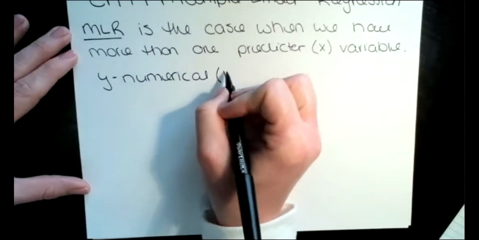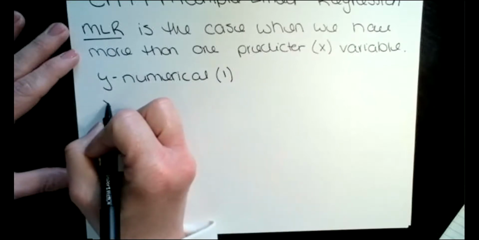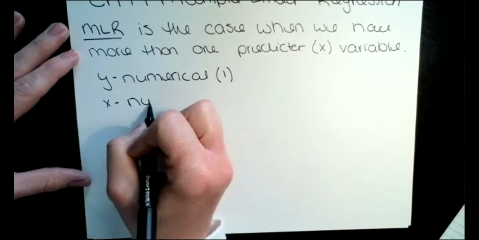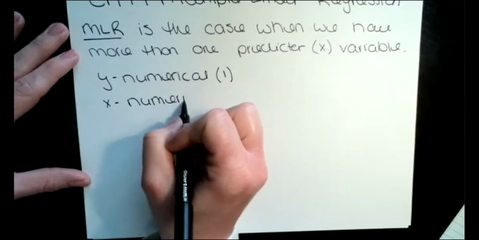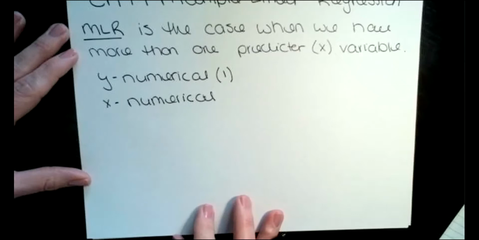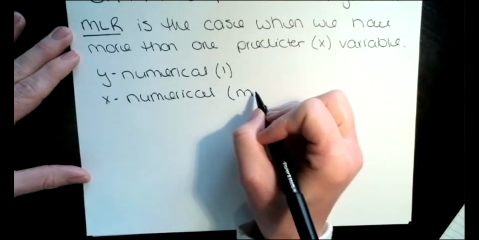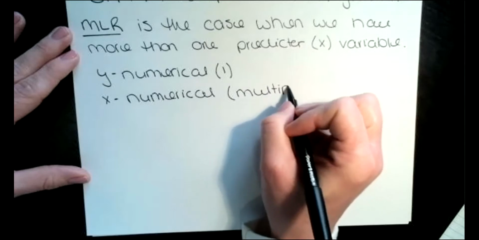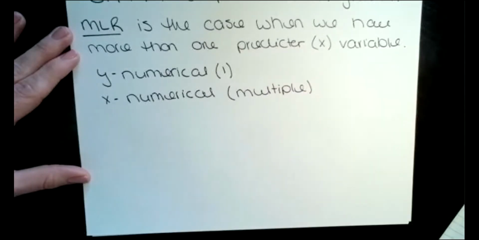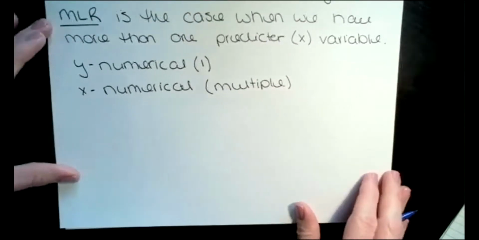I'm just gonna put a 1 here so we know we only have one of those. And X is numerical as well. We'll get into when it's not numerical later on, but not today. And we could have multiple. I'm just going to make a note that X can be categorical, but we're not going to do that today.